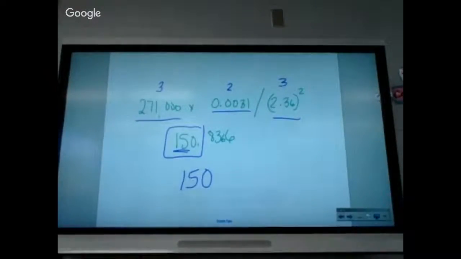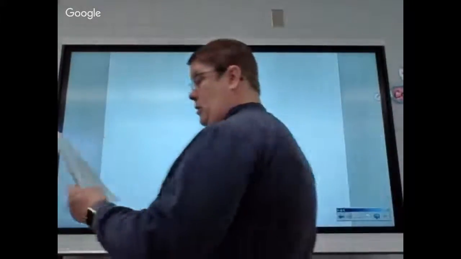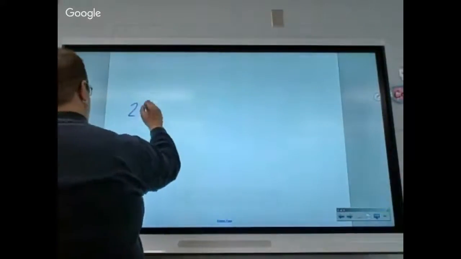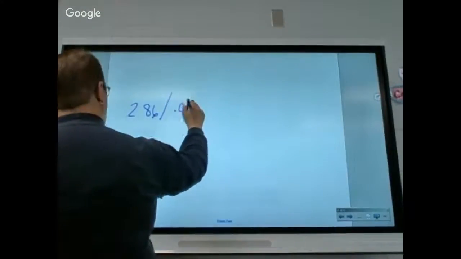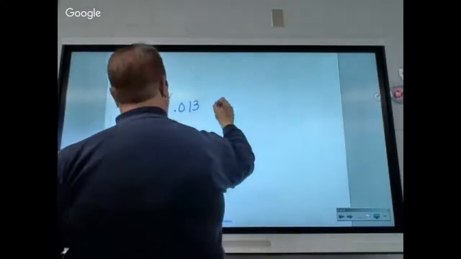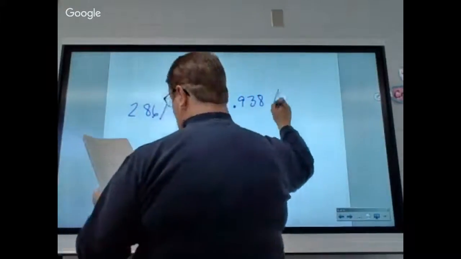Anybody else? Question on the homework? Anything? Number 19. All right. Number 19 is the one I would have expected y'all to ask. So you have 2.86 divided by 0.013 times 0.938 divided by 1.9.